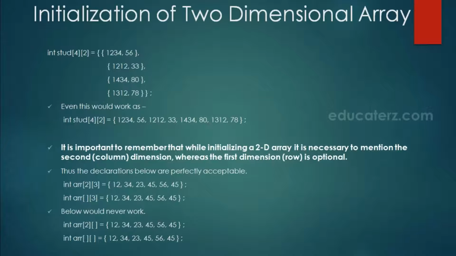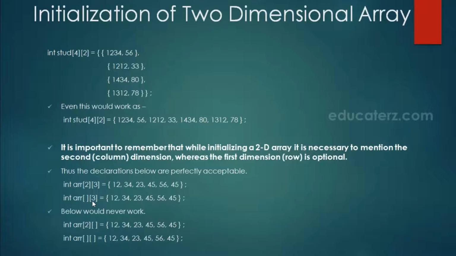Now here it is important to remember that while initializing a two-dimensional array, it is necessary to mention the second dimension, that is the column dimension, whereas the first dimension, meaning rows, is optional, because by reading the column number it can decide how many rows will be required. So I can have both declared, that is a 2 by 3 array, or I can just give the column number and skip the row.